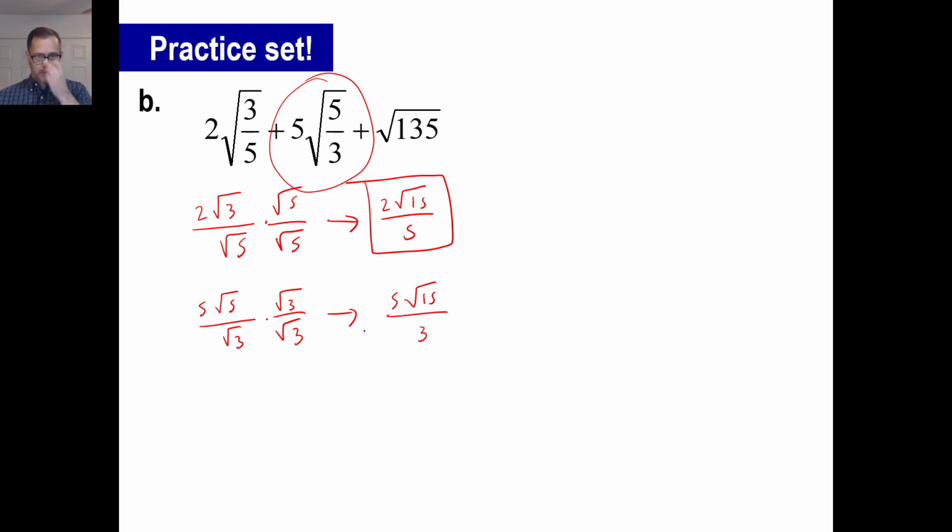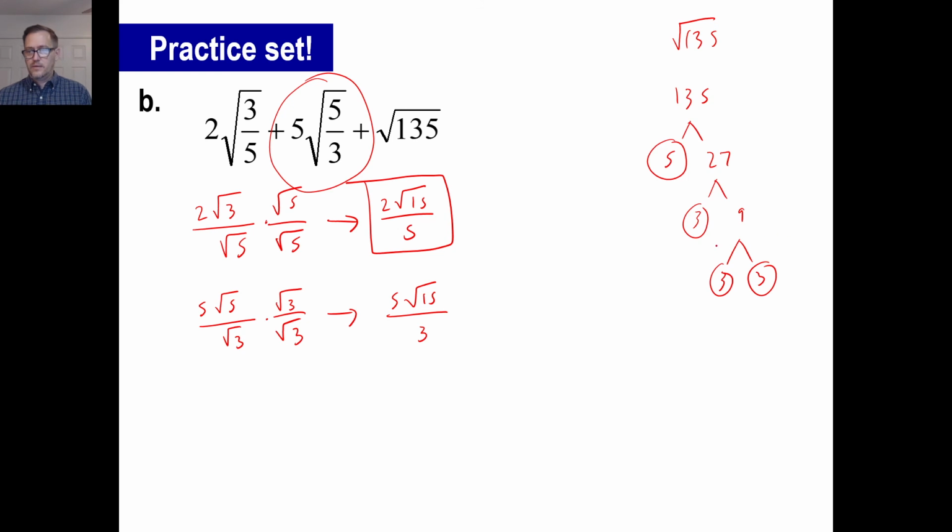All right. The last term is the square root of 135, which again, you might say, I don't know what to do here. Well, I know it's divisible by 5, because it ends in 5. And if you did a long division, you'd find out, oh, 27. Well, that's 3 times 9, and then you can go 3 times 3. So there's a pair.